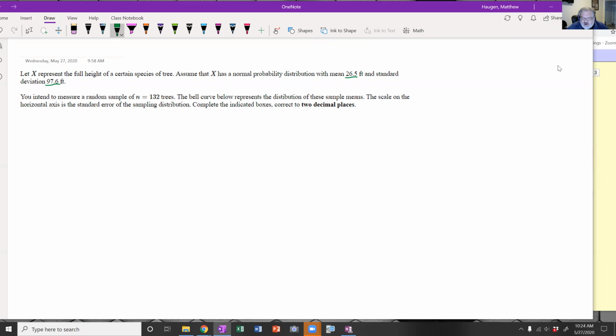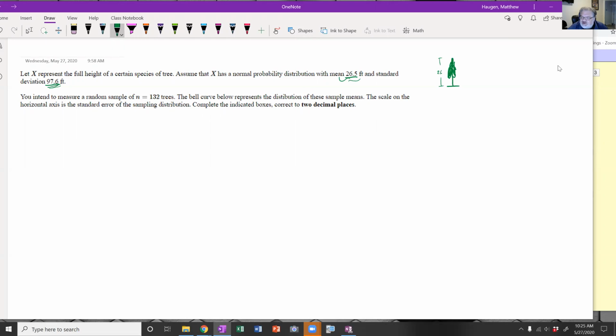Now, automatically, that should seem a little bit odd, because 26 feet, not that it's short, but a 26-foot tree, it's a really bad tree, but that's okay. And this almost 100 feet as a standard deviation is very large in comparison to that 26, right?